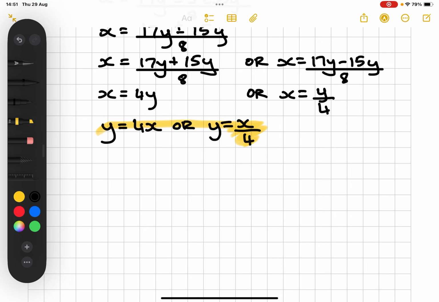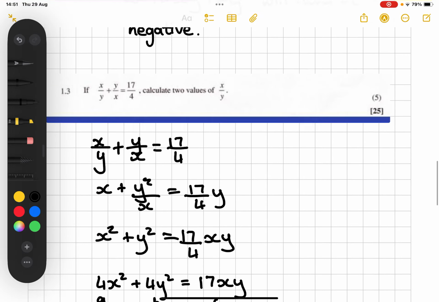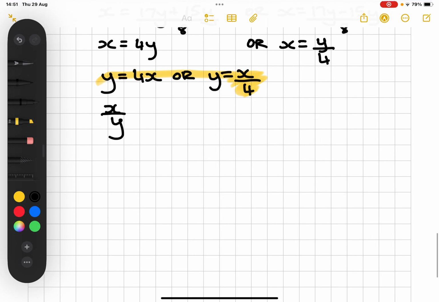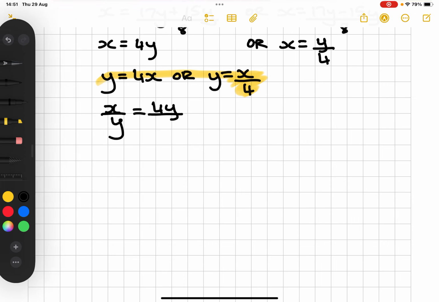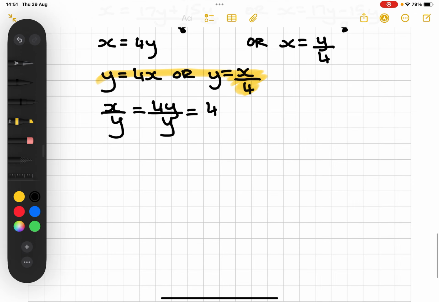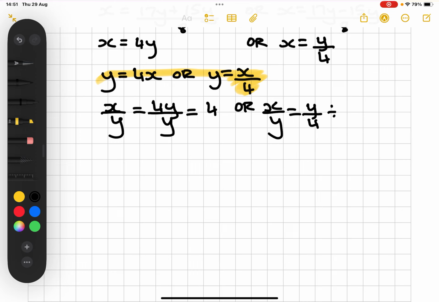Okay, then from there, our x over y, which is the actual question, would be our x value, which we solved for, to be 4y, and then y is just y, which gives us a value of 4. Or we would have x over y is going to be equal to y over 4 divided by y, right?